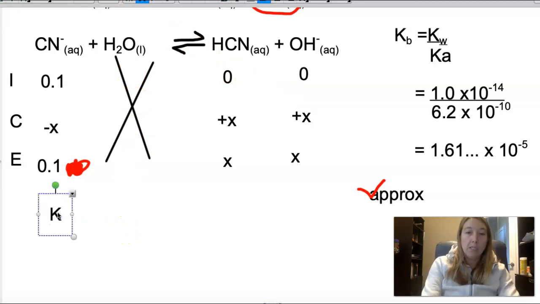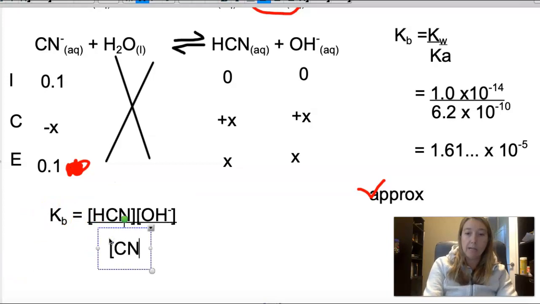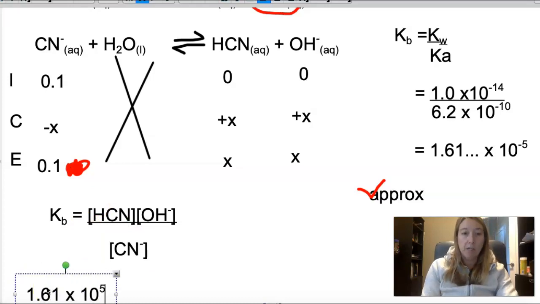Next thing to do is set up our equilibrium law expression. So we have that Kb is going to equal the concentration of HCN times the concentration of OH minus, divided by the concentration of CN minus. We have the Kb, which was that 1.61 times 10 to the negative 5. Please make sure you're using the whole number, not just the rounded number.